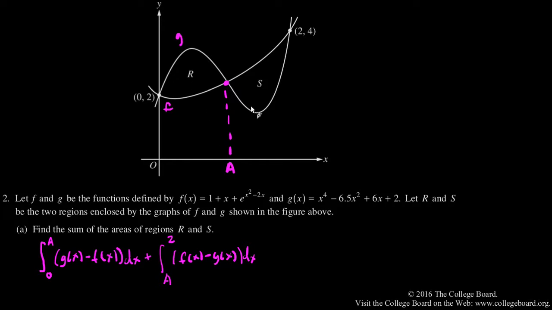You can see in the graph which one's which. If you happen to mess up which function's which, you'll just end up getting a negative. You know areas can't be negative, so you'll just flip g and f, and you can get the right answer that way. You could also have done it as the integral from 0 to 2 of the absolute value of f of x minus g of x dx.